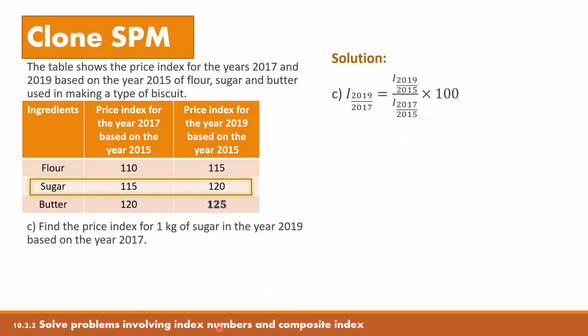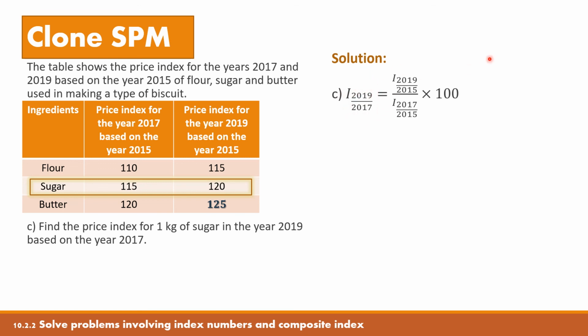By simplifying the fraction, I can just cancel 2015 and 2015 here, and we will get the price index for 2019 base 2017.